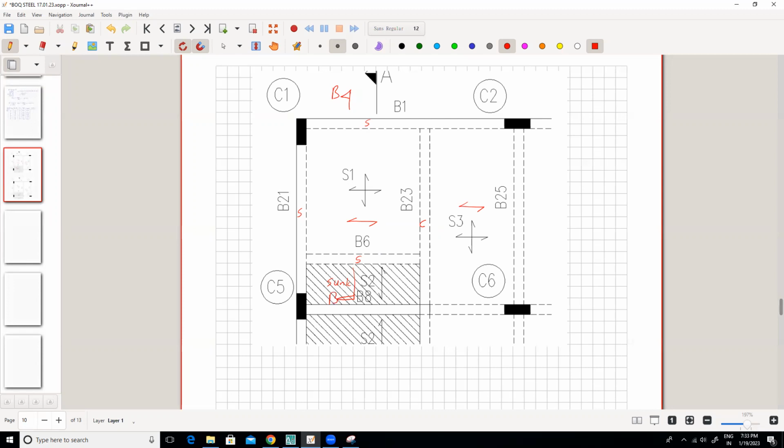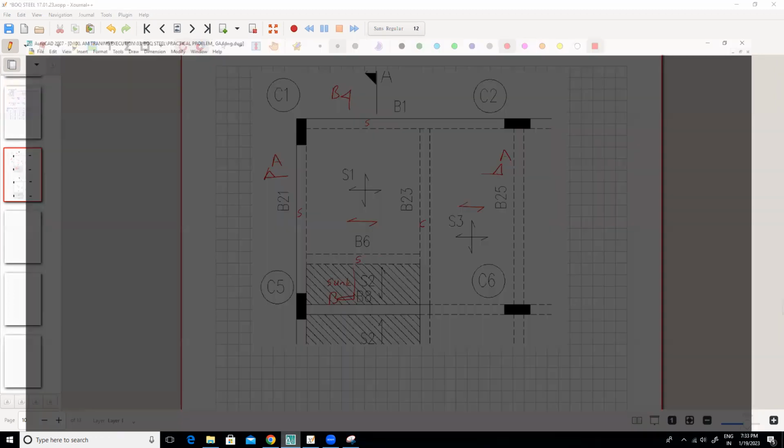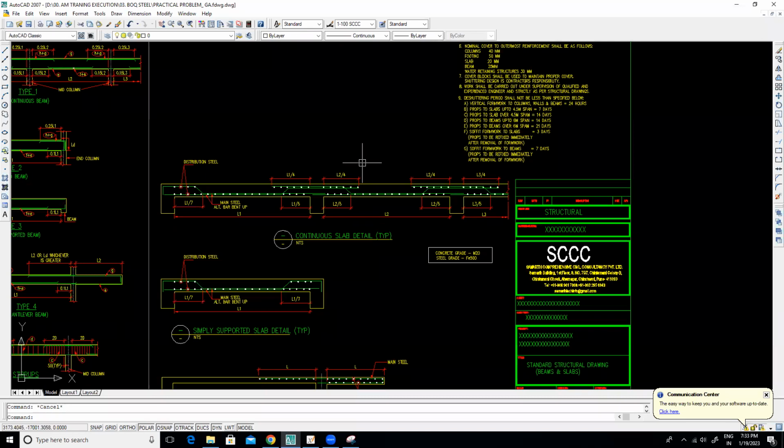This is section BB and this is section A. So for A section, this is simply supported and this is continuous. So we will use the first detail. And for BB section, this is simply supported, this is simply supported. So we will use the simply supported section. So let me paste that first so that it will be easy for reference.